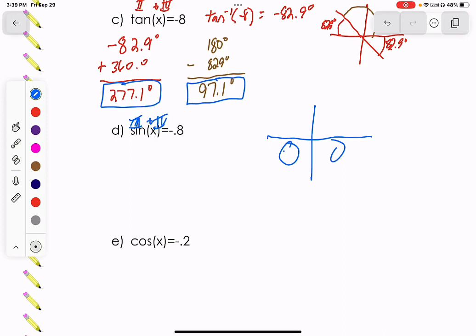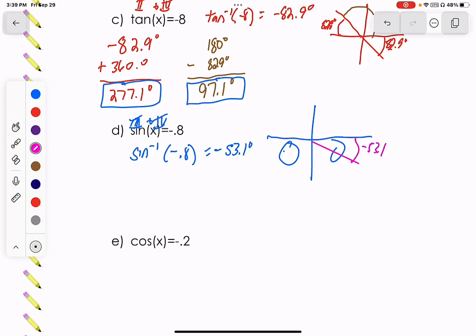So let's go ahead and plug into our calculators the inverse sine of negative 0.8, and that's going to give us negative 53.1 degrees. So of course that negative 53.1 degrees is this angle here.